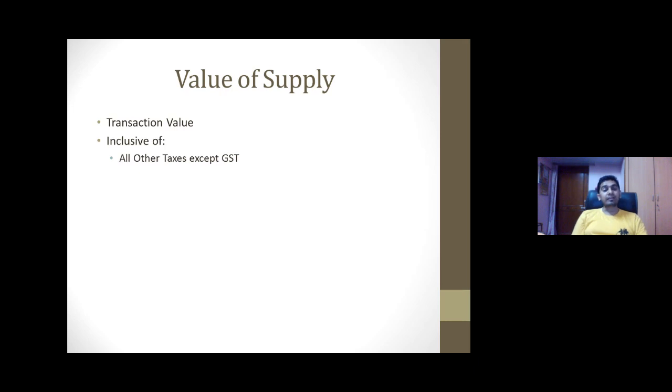Then definitely that tax has to be added. So the total value of supply would be 110 rupees. Now GST has to be applied on 110, not on 100, because all other taxes should be added in the value of supply except GST. Definitely GST should not be added to arrive at the value for the GST.